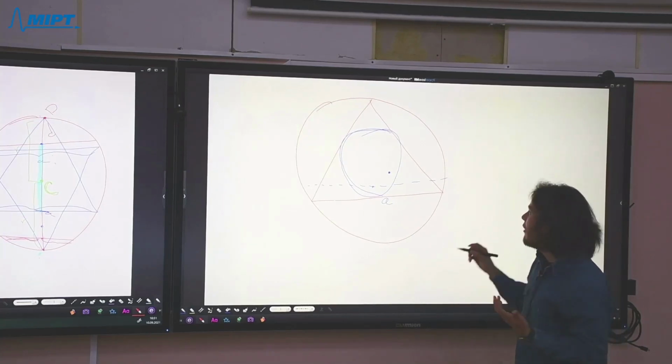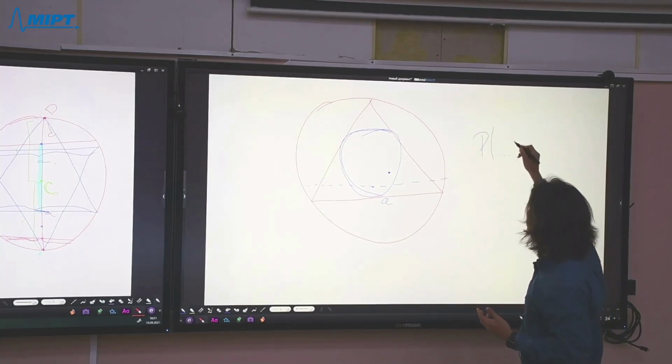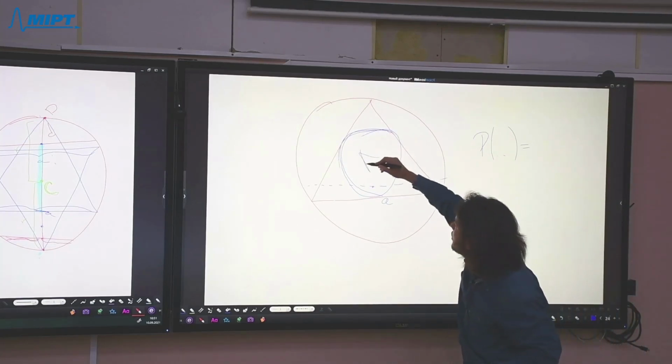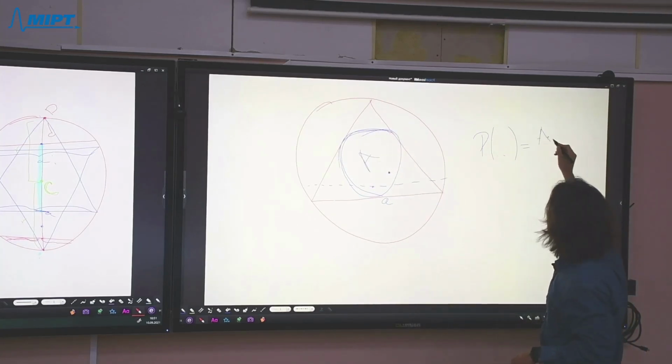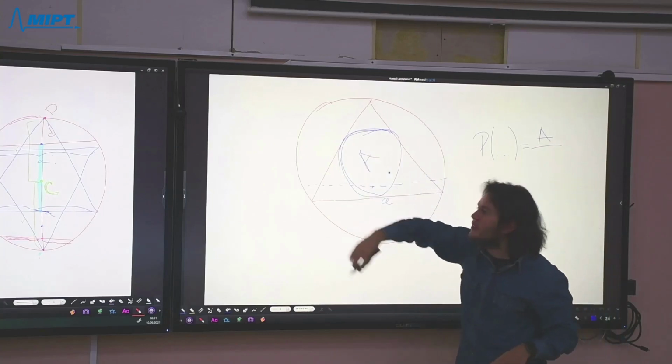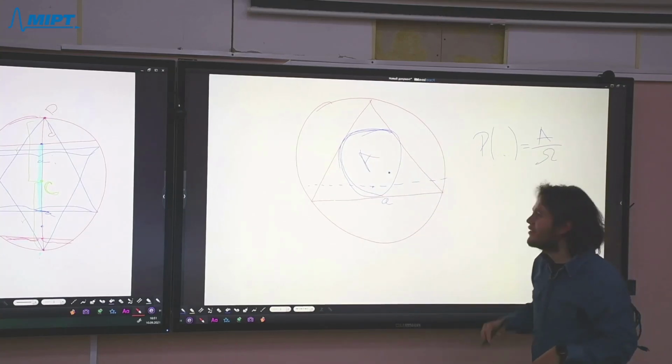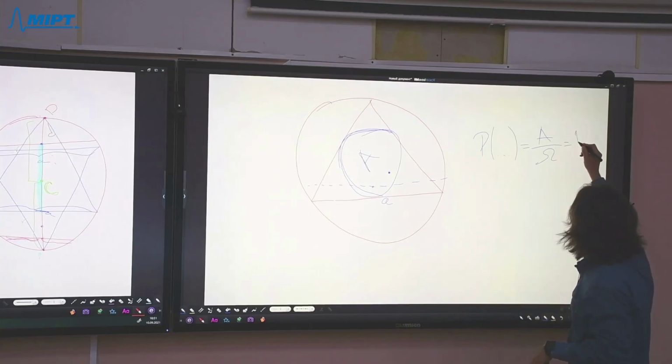To find this probability in this case, we need to find the area of this circle, A, and the area of all omega, let's call it, right? And this is going to give us 1/4, as I remember.